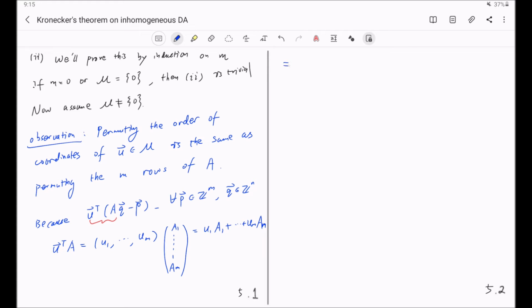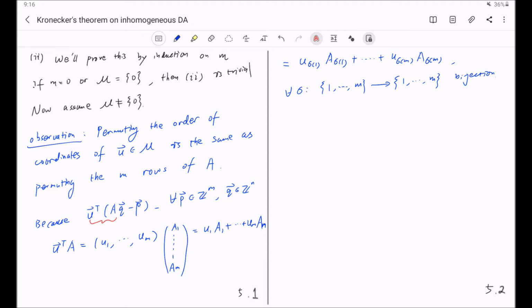And this is further equal to u_sigma(1) times a_sigma(1) plus ... plus u_sigma(m) times a_sigma(m), for any sigma which is a permutation on the numbers 1 through m, namely a bijection from the set to itself.